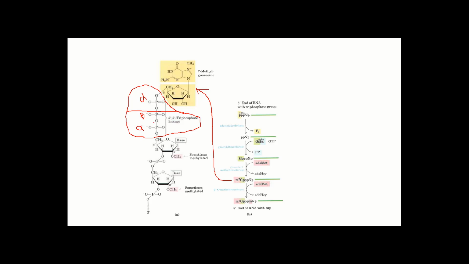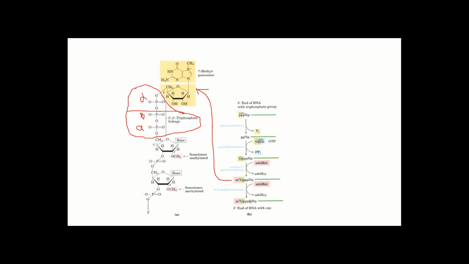So this beta phosphate is at the 5' position of the 5' nucleotide. Both of these, the alpha and beta phosphates, are at the 5' position of the mRNA nucleotide.